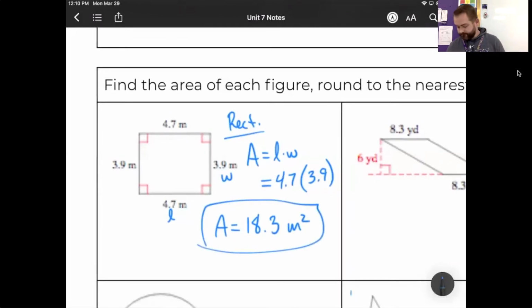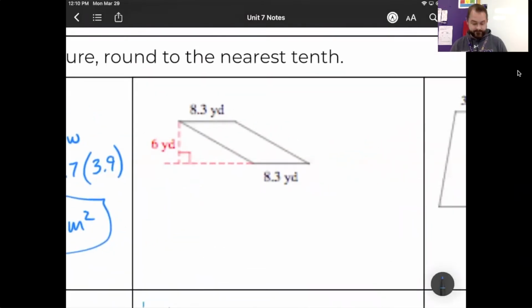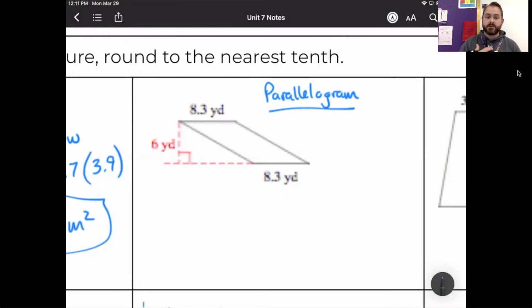Okay, let's move right along. This next shape is a parallelogram. If at any point in the video I'm going too fast, just kind of pause, make sure you're giving yourself time to catch up. So with our parallelogram, we use our area formula that is just base times height. Now remember, base and height are always perpendicular.